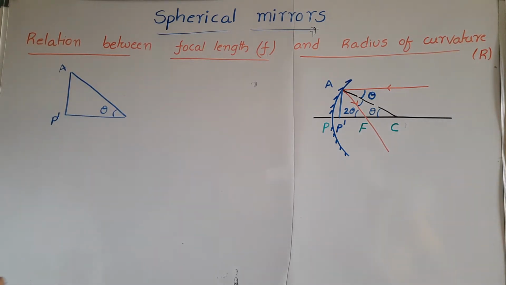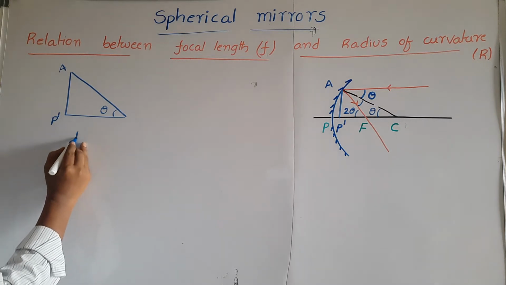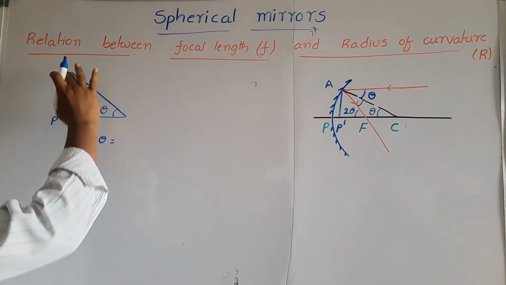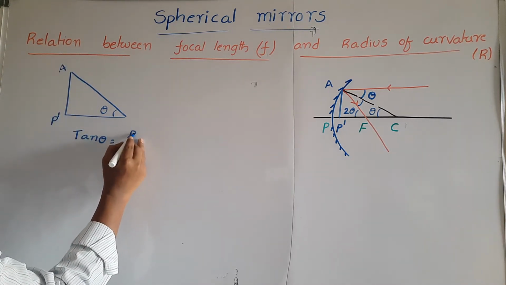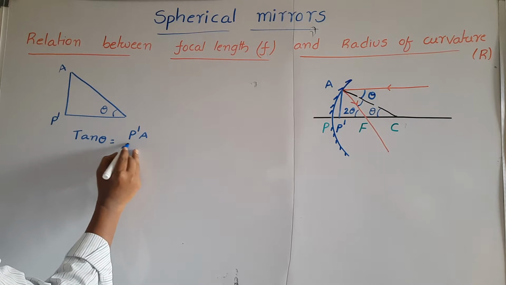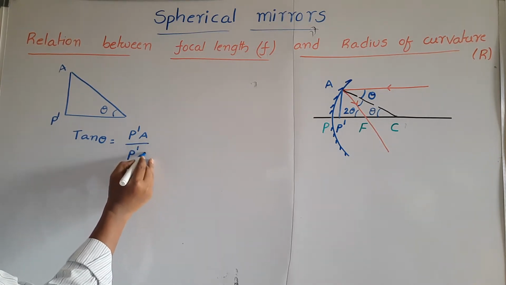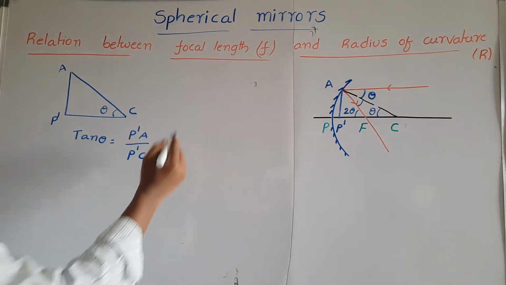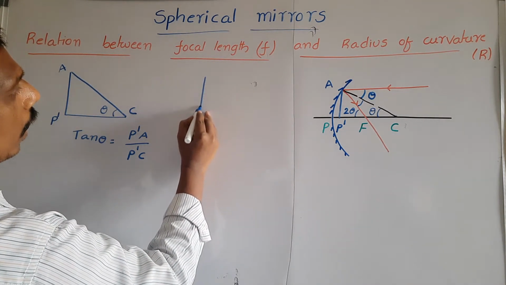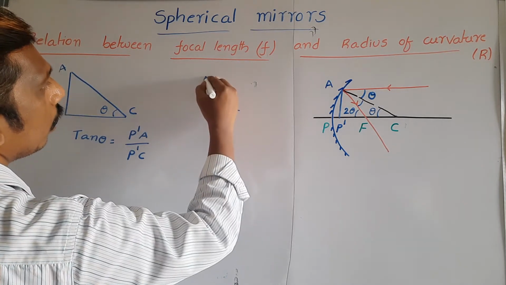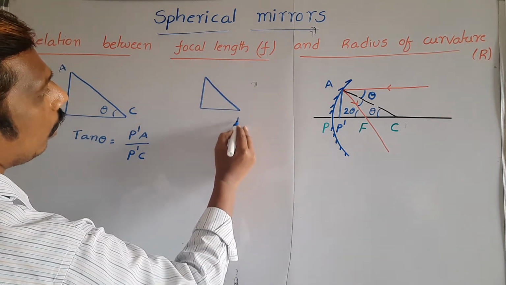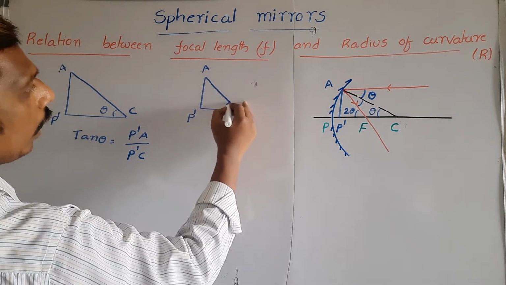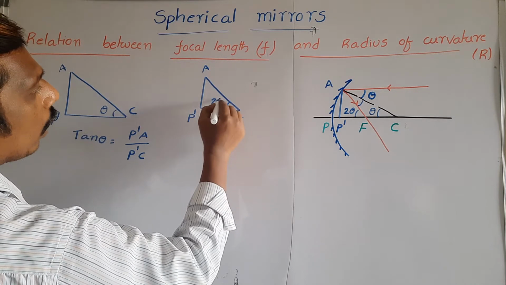From this triangle we can write tan theta is equal to the opposite side P dash A divided by the adjacent side P dash C. This point is C. Next, another triangle: F, P dash and A. Here it makes an angle 2 theta.